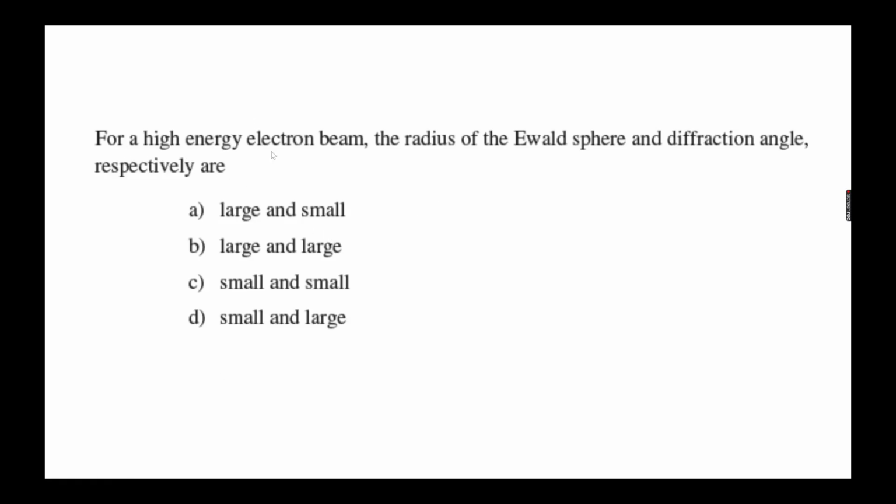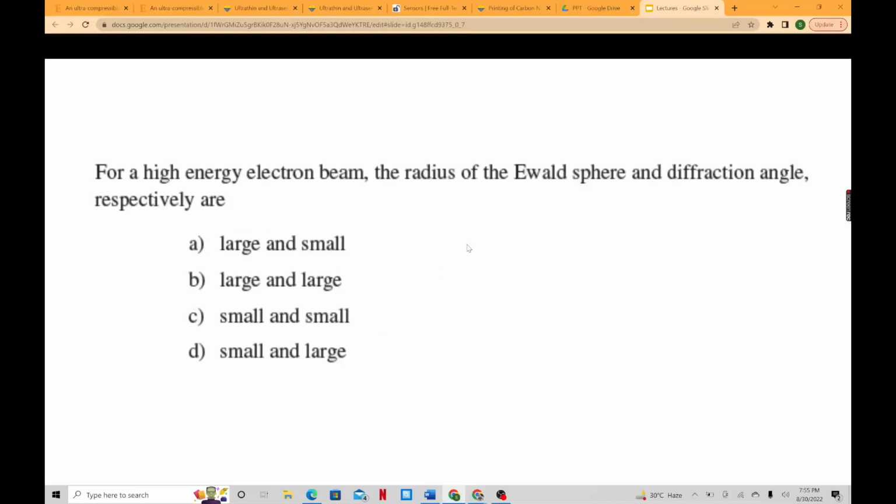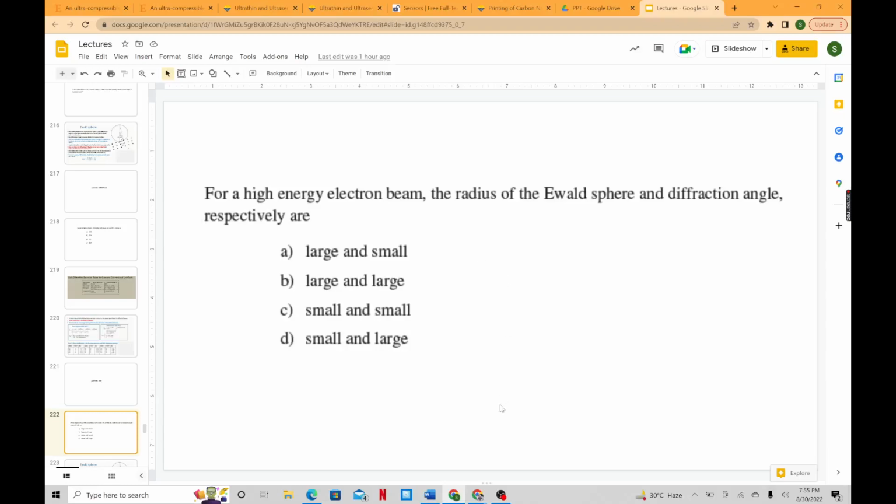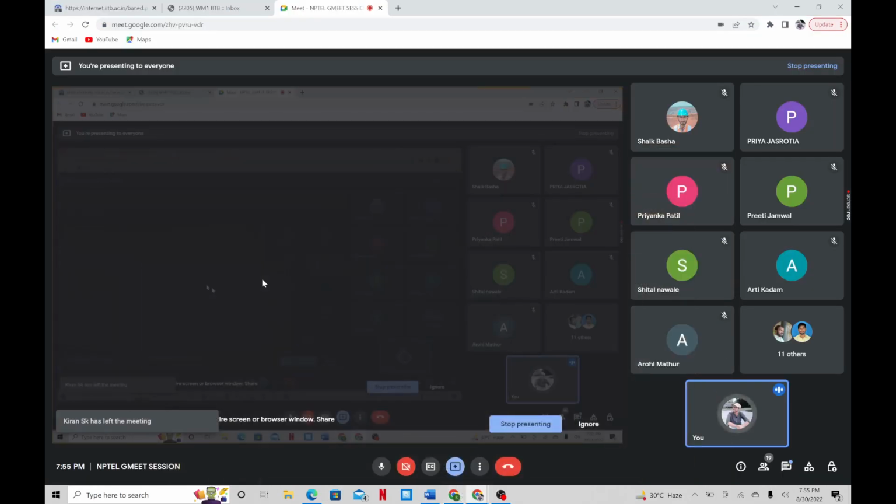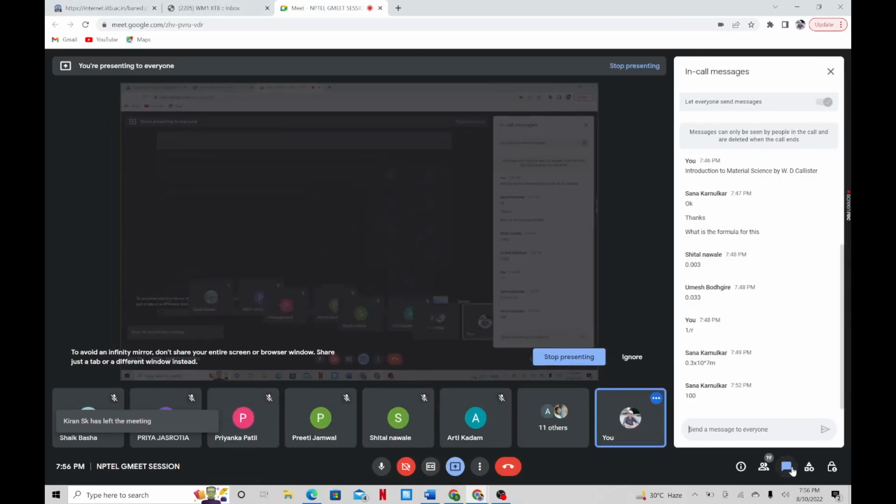For a high energy electron beam, the radius of the Ewald sphere and the diffraction angle respectively are: large and small, small and small, small and large. You can write in the chat box also, it's no problem.